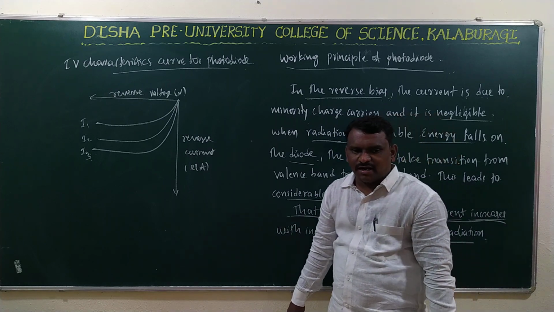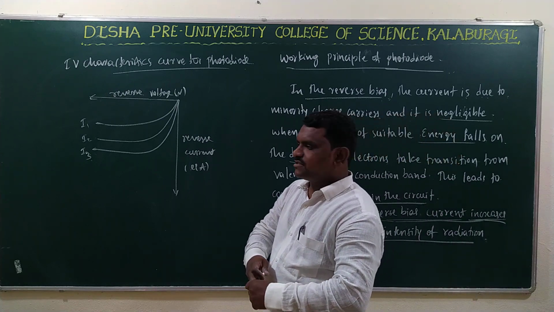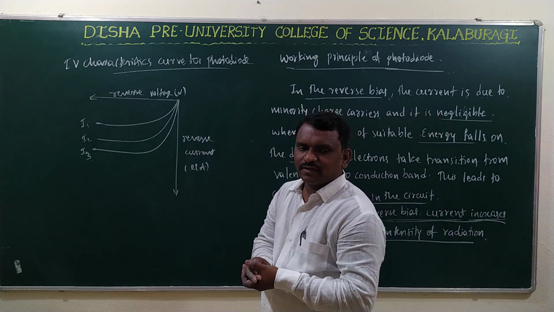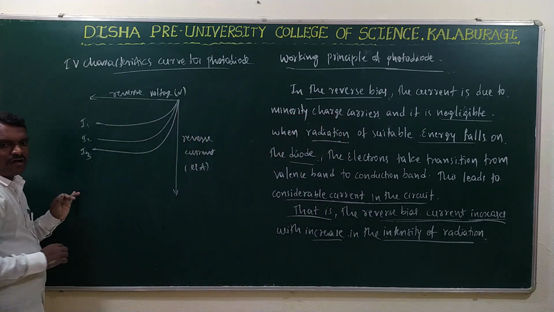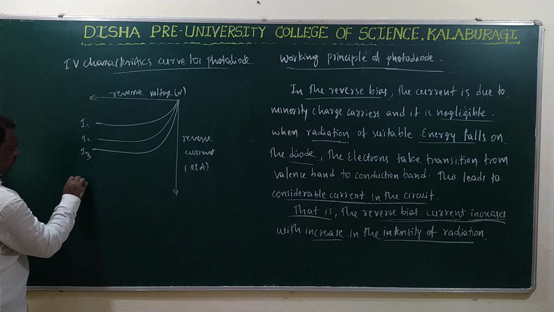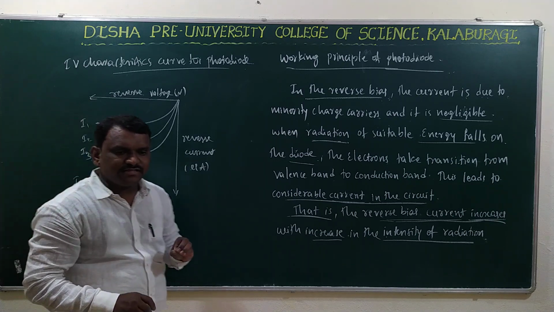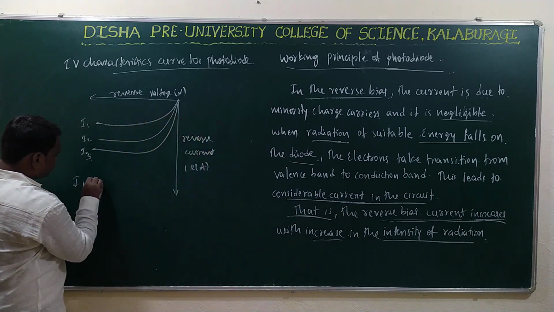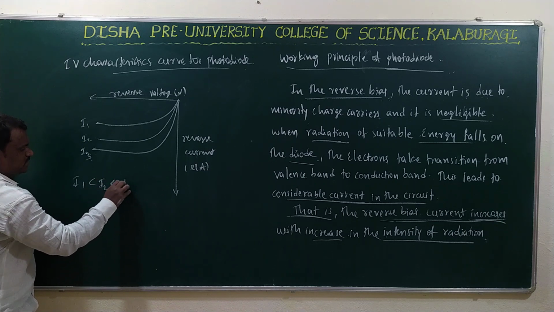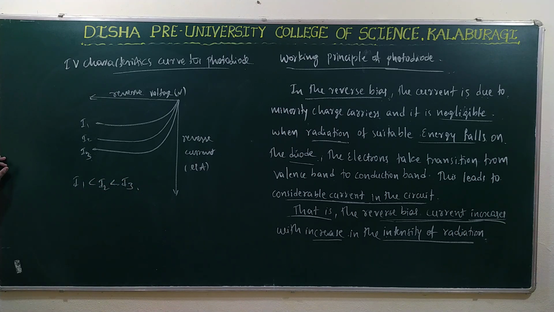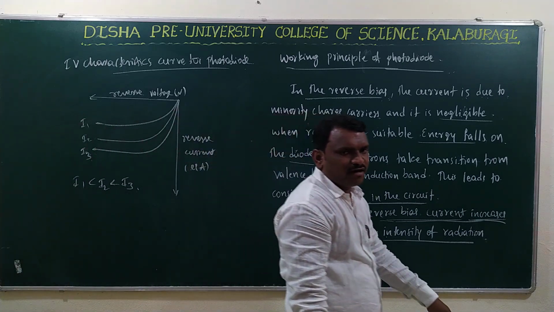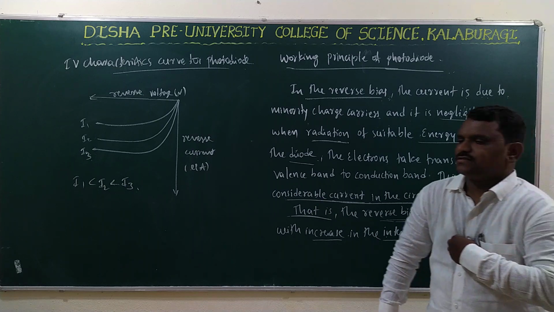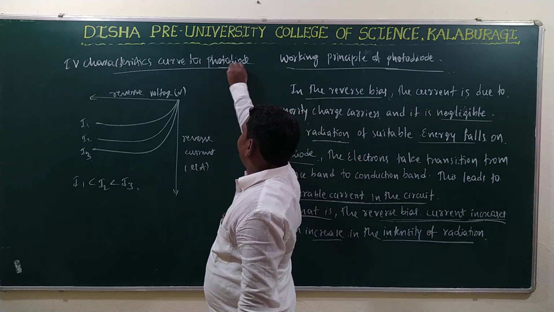When I1, I2 and I3 are the intensities of radiations, then the relation becomes I1 is less than I2 and I2 is less than I3. This means I3 has the greatest intensity because of the high amount of current. This is the IV characteristics curve for a photodiode, right?